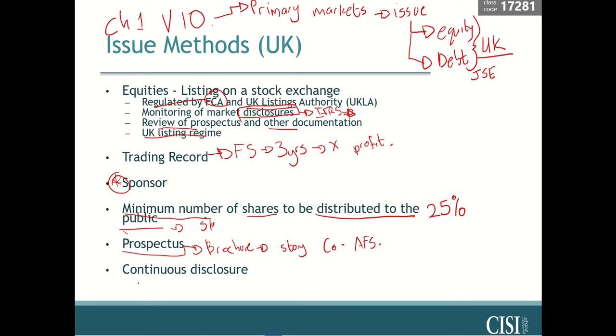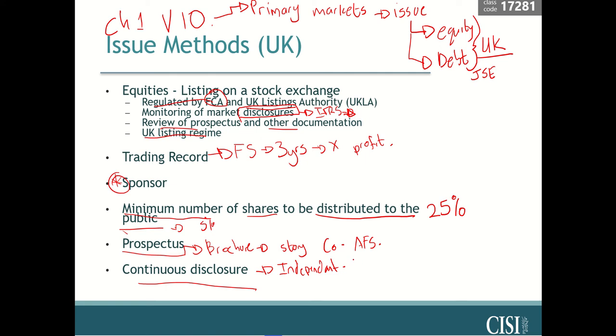And there's continuous disclosure requirements. So once the company shares have been listed, they must still fulfill a number of obligations on a continuing basis. Okay, so an example of this, every year they need to be audited by external independent auditors.